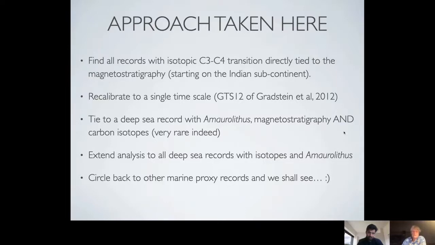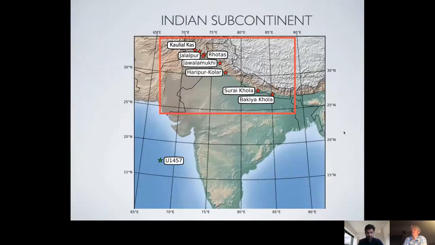And then extend the analysis to all the deep sea records that have Amaurolithus and isotopes, and then we'll circle back to other marine proxies and we'll just see what the story is after we get through with this housekeeping exercise. So I'm going to start back up here on the Indian subcontinent.